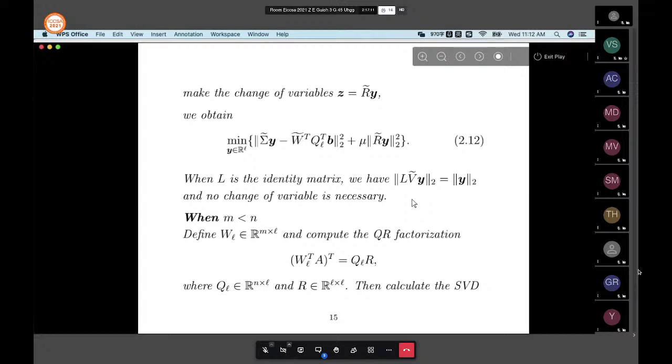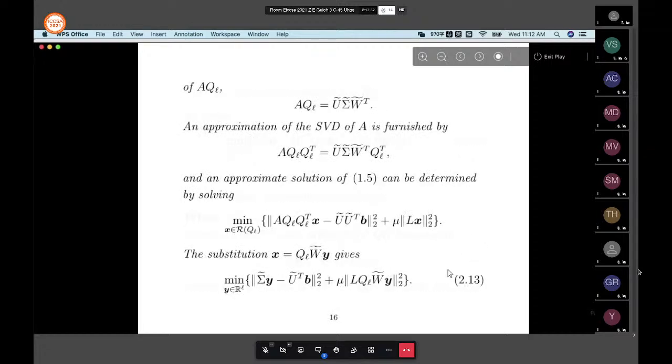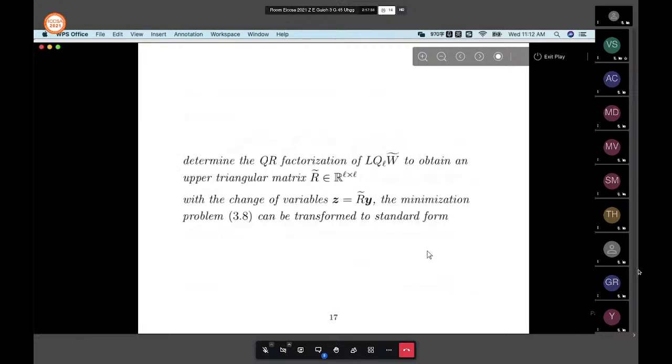This is for the case when m is bigger than or equal to n. When m is smaller than n, it's slightly different, but still very similar. So instead of AW, we apply W transpose to A, and then we compute the QR factorization of the transpose of the product. Then we proceed just as previously. Everything is very similar.